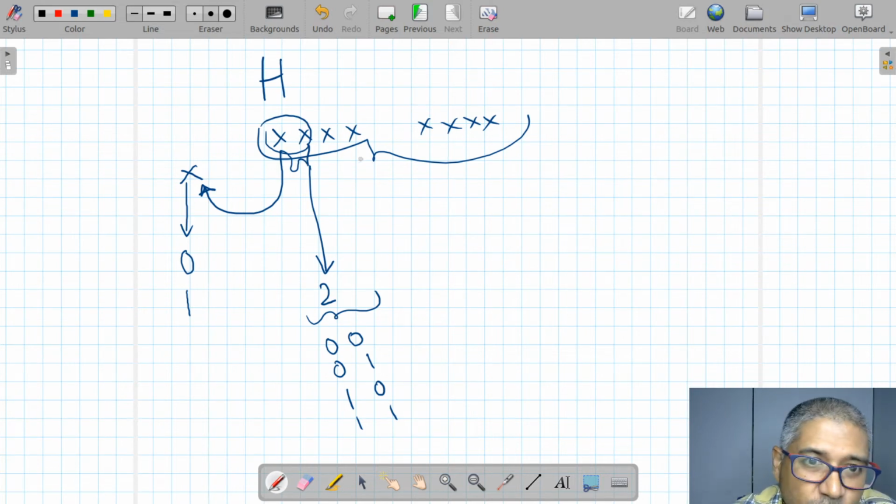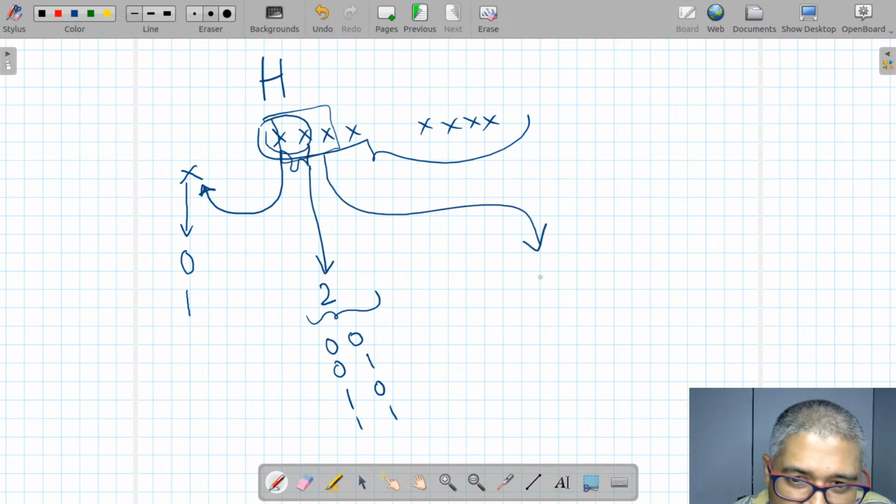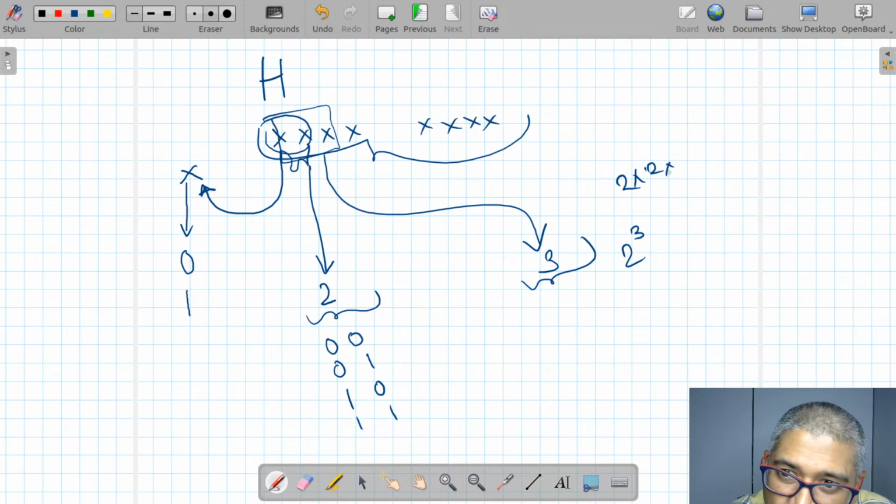Like that, if you move 3 bits, what is going to happen? 2 to the power 3, which is 8.